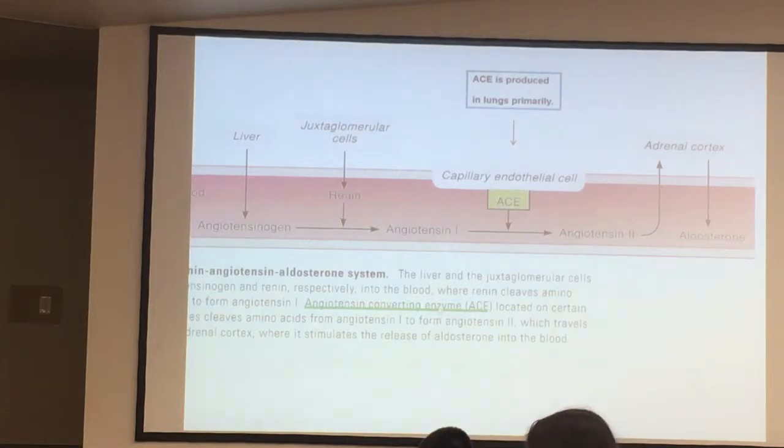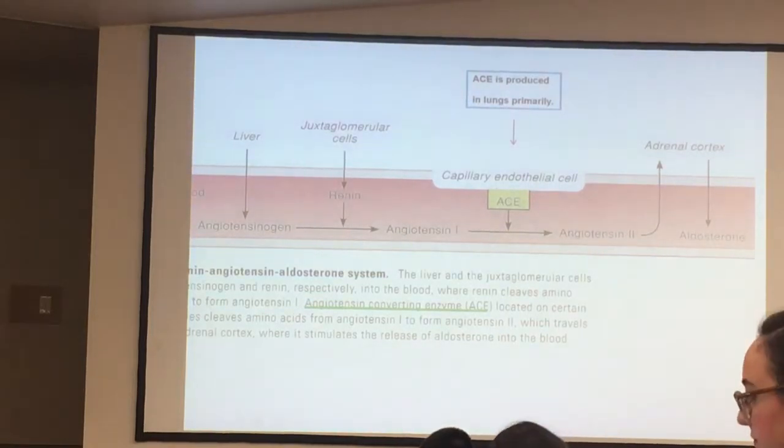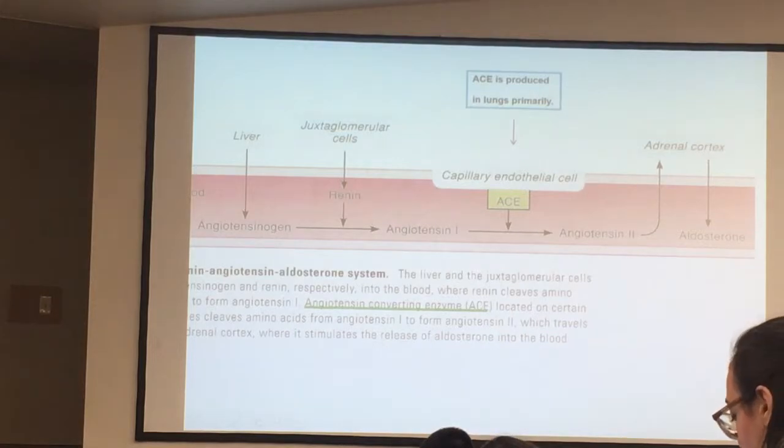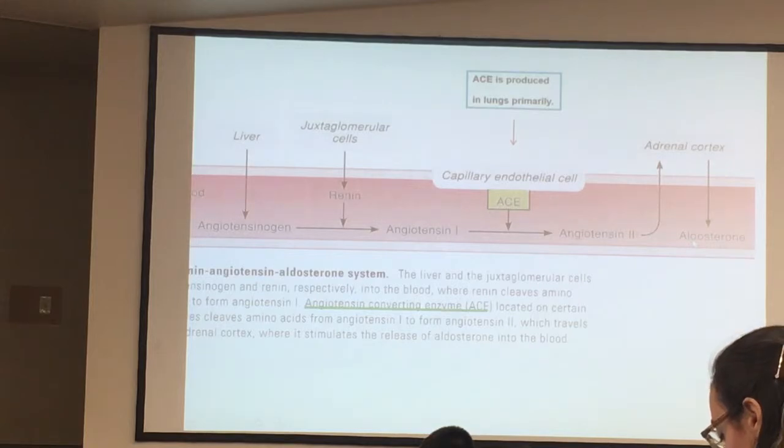From 1 to 2, we need another enzyme, ACE, angiotensin converting enzyme. Where is it produced? Produced majorly from the lung, in the endothelial cells. And angiotensin 2 will work on the adrenal cortex, zona glomerulosa, and produce the mineralocorticoid we call aldosterone.